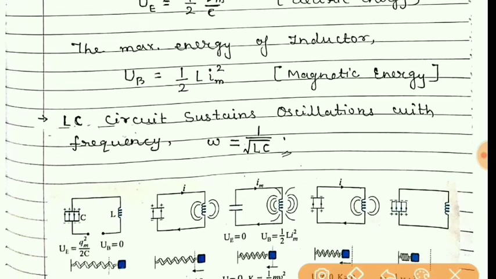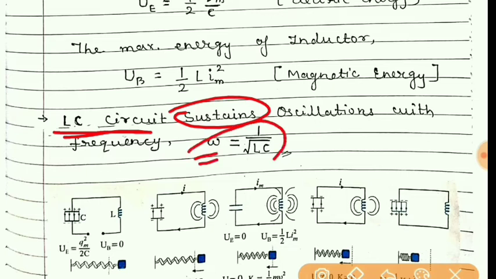Now students, these oscillations in the LC circuit will sustain for a long time. In an ideal situation, it will continue its oscillations with frequency omega equal to 1 upon root of LC.